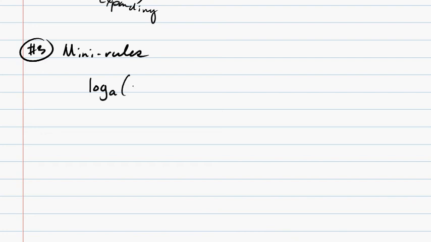Alright, so number 3, there's some mini rules here. They're just quick rules that sometimes you will see. Like the log base a of a to the x. What actually ends up happening is this just turns out to be x.